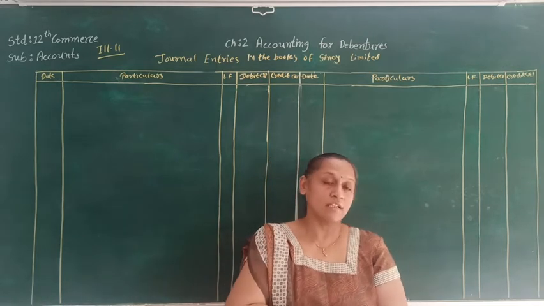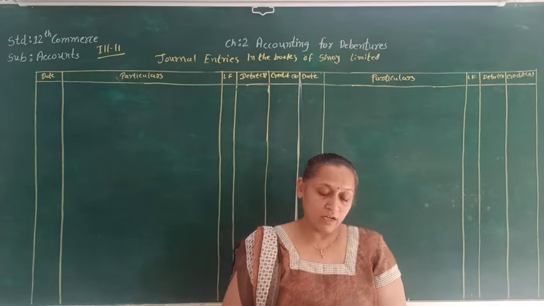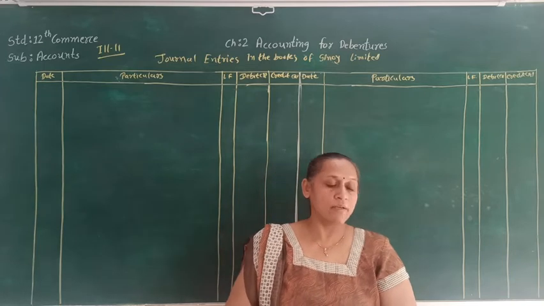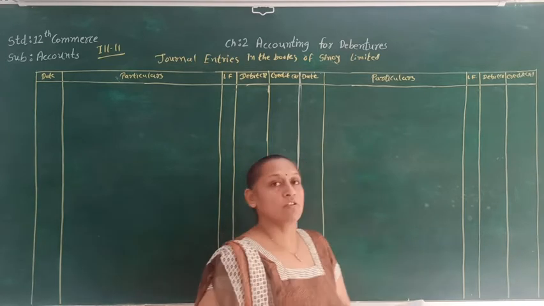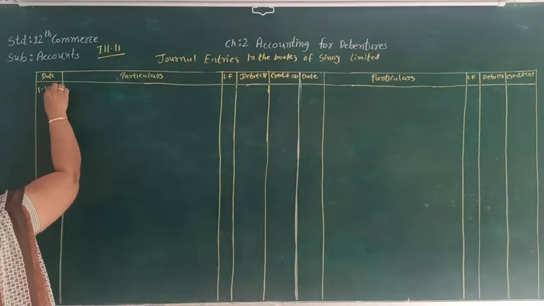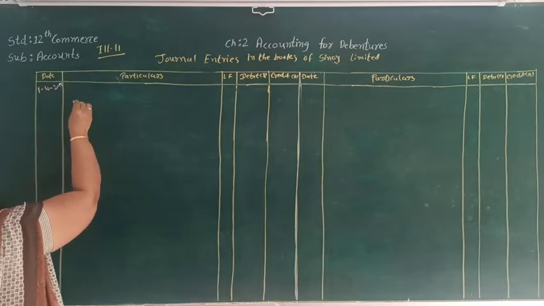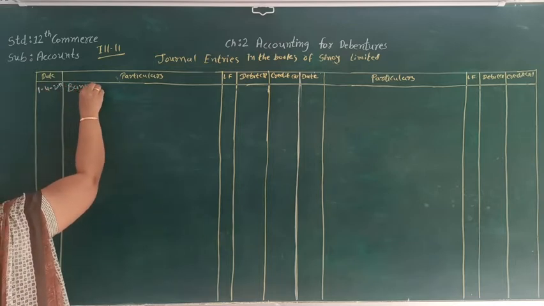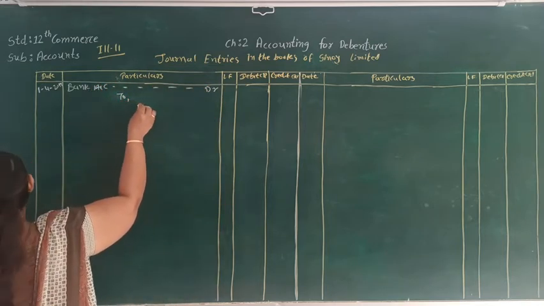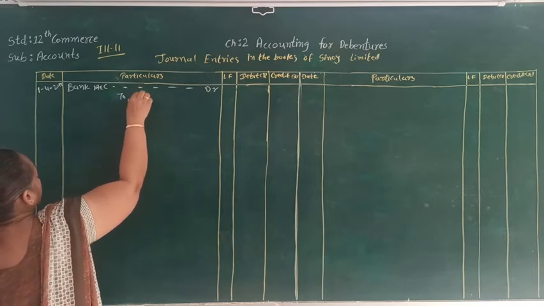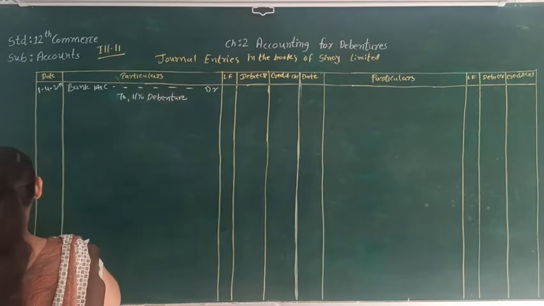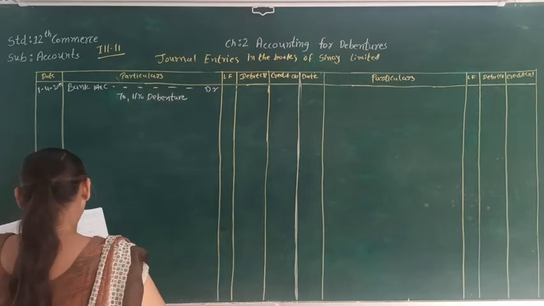The date is 1st April 2017, and the journal entry will be bank account debit to 11% debenture application and allotment account.